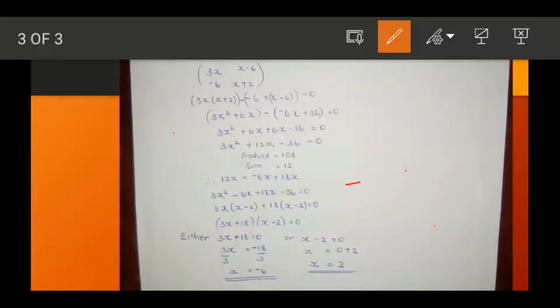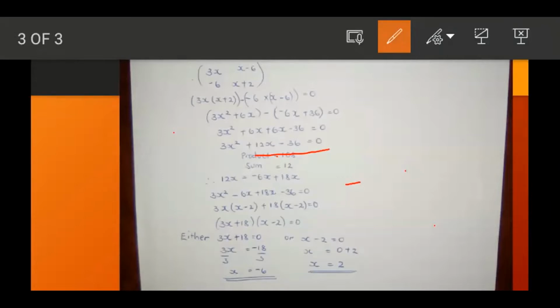How are you getting the product and the sum? Okay. How are you getting that? Okay, with the product, you're going to get the coefficient of x squared. You multiply it by this negative. So the product was supposed to be negative.